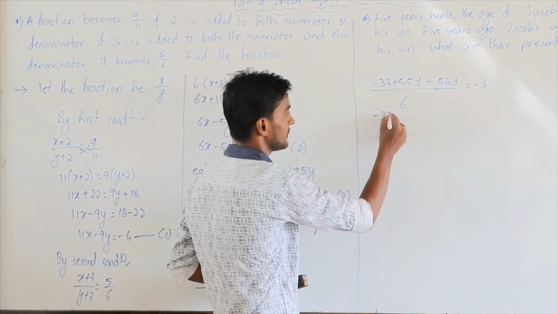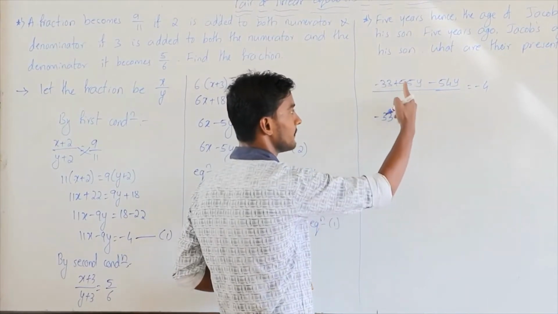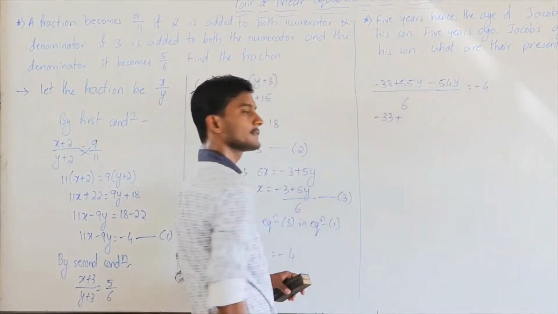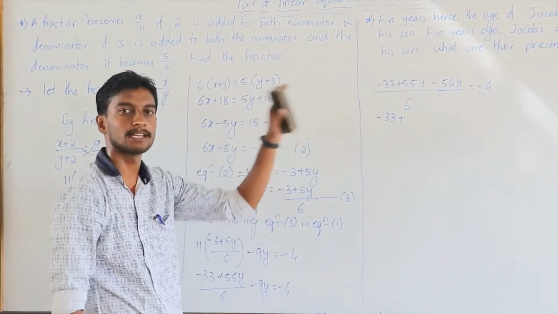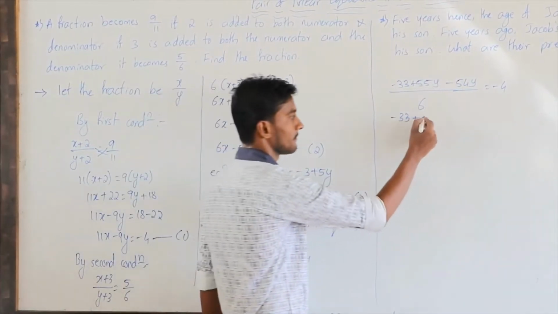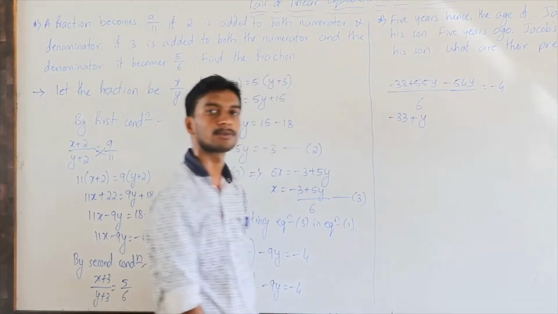Minus 33 keep as it is, plus 55y minus 54y. 55y minus 54y is plus y, since 55 minus 54 is 1.